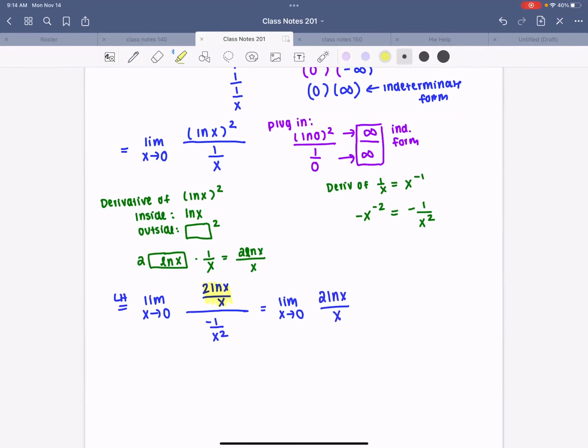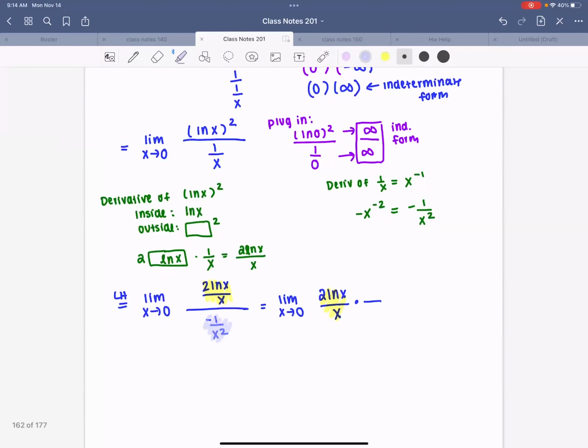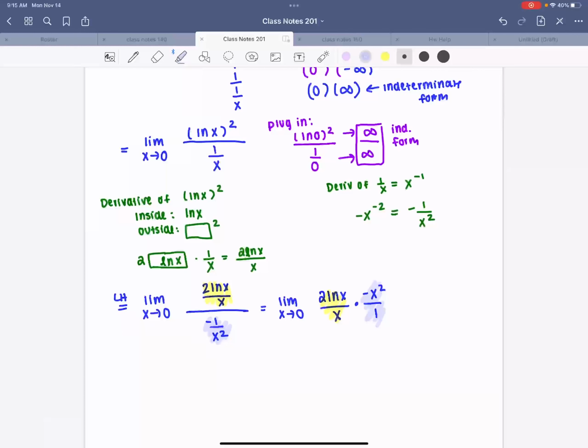So that's the top. Okay. I'm going to change the division into multiplication. And then you're going to flip the bottom over. So on the bottom, we've got -1/x squared. I'm going to change that into -x squared over 1. Okay, so I just kept, changed, and flipped the fraction. So now I don't have a fraction over another one.